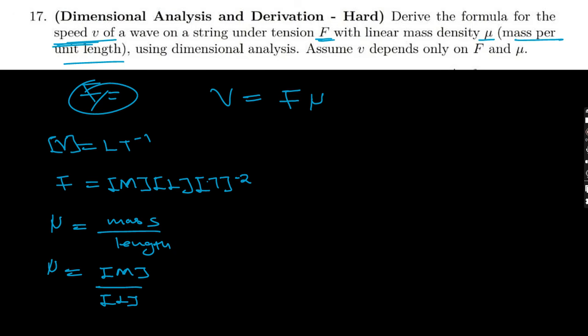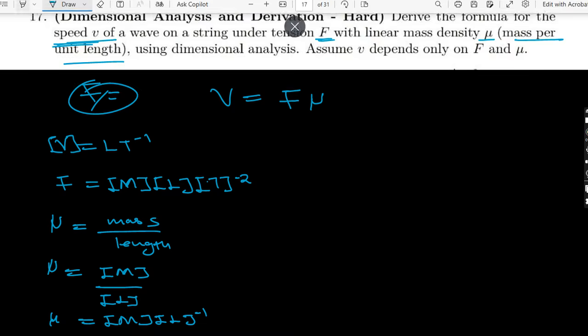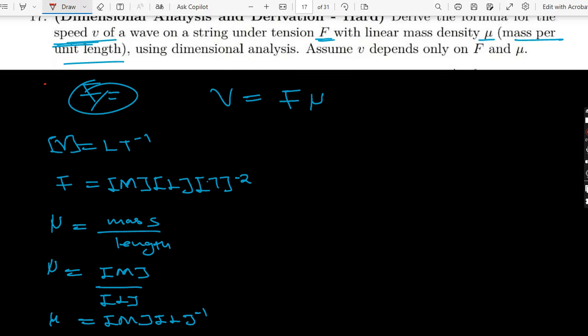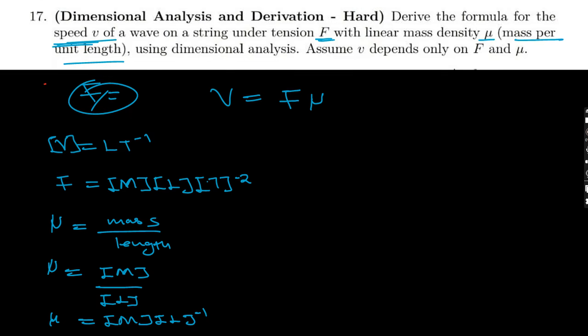So taking this on top now, we are going to have M, then L to the power -1 there. So now let's go ahead and replace the given values, our derived dimensions, into the formula.